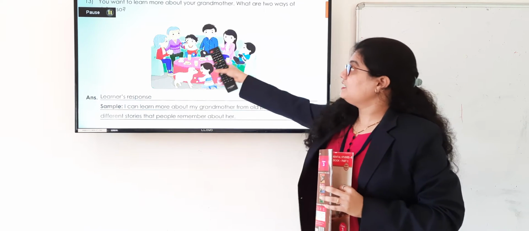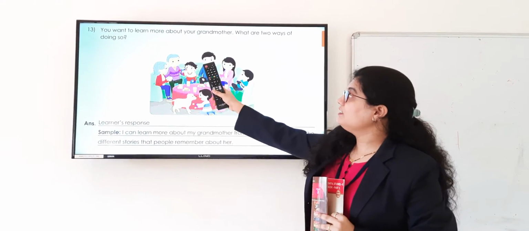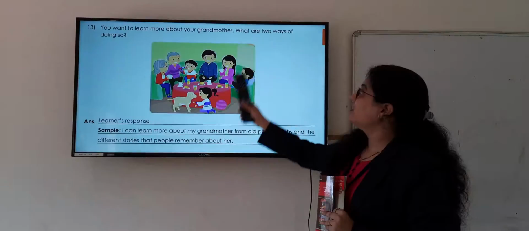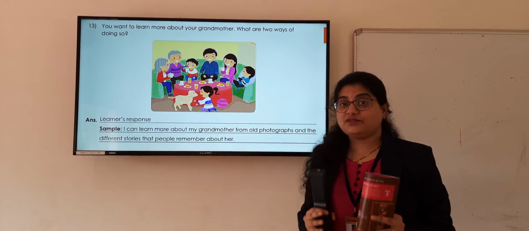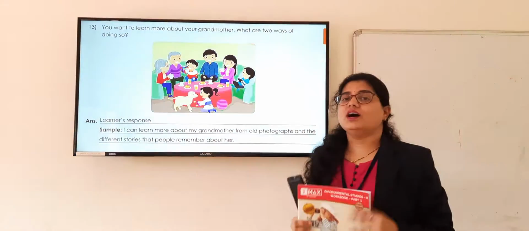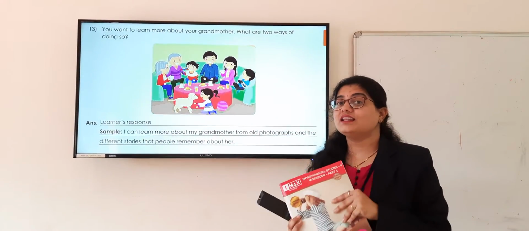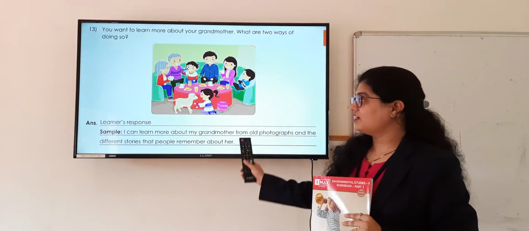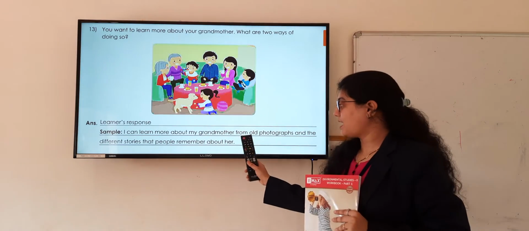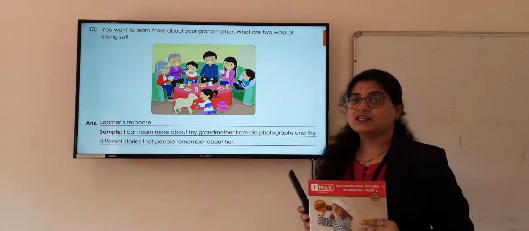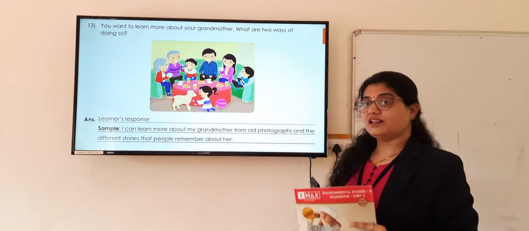Now let us move toward the next question. See here, you can see one picture. Alright? You have to write that you want to learn more about your grandmother. What are two ways of doing so? Okay? If you want to learn more about your grandmother, then you have to find out some ways to learn about her. Alright? So here we can read it. I can learn more about my grandmother from old photographs. As we all know that old photographs, these are the archaeological sources.